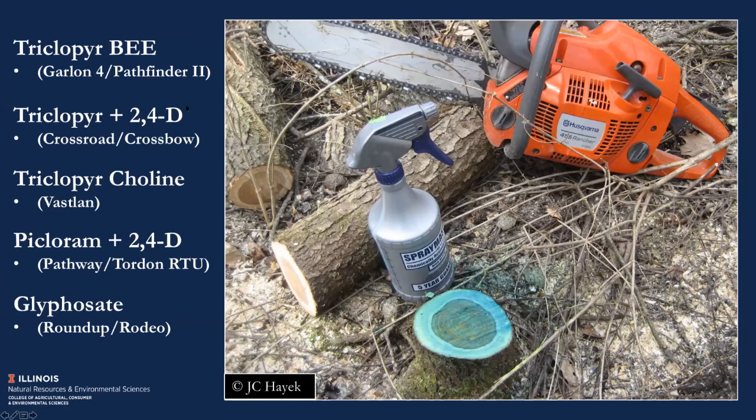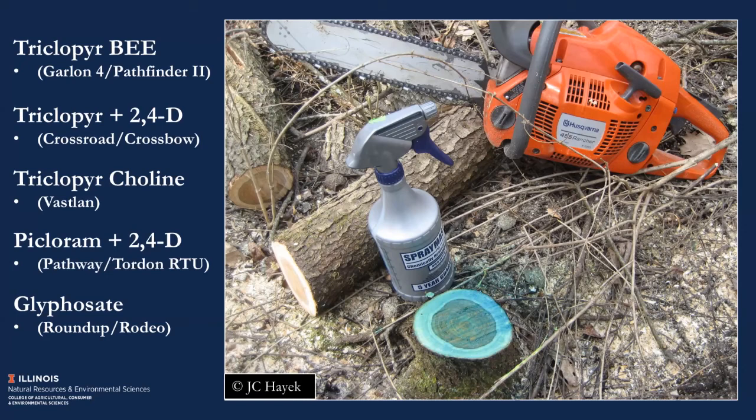Some of the herbicides that I use in my improvement practices are triclopyr ester products, trade name Garlon 4 and Pathfinder 2, and triclopyr plus 2,4-D. Those are both ester-based products, trade names Crossroad and Crossbow.